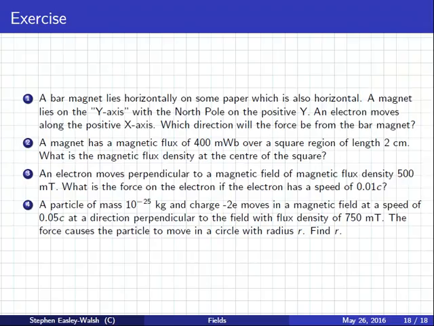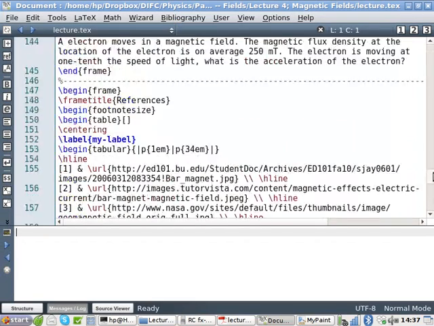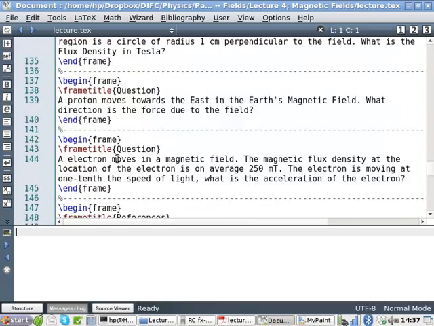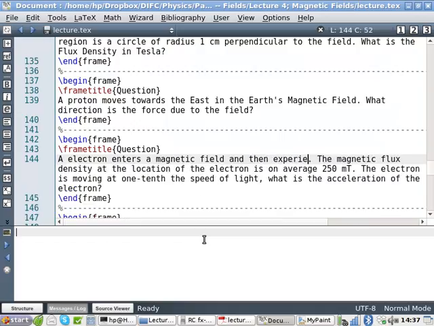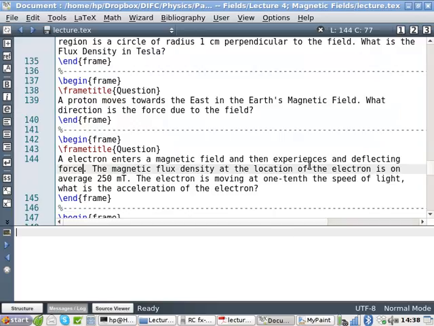Four questions, Musharif. Should make you happy. I just want to make a change to the one we just did. An electron enters a magnetic field and then experiences a deflecting force. Yes, thank you. A deflecting force.